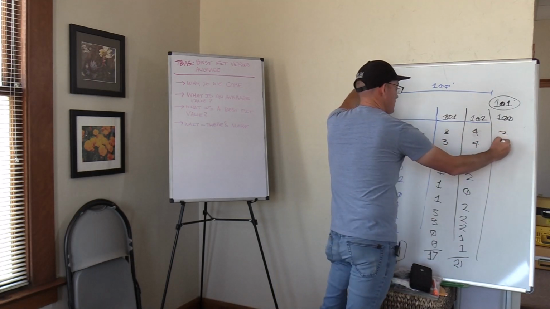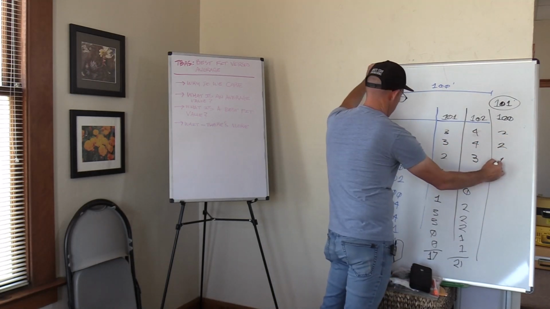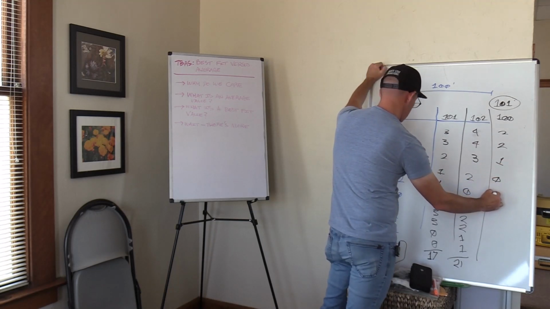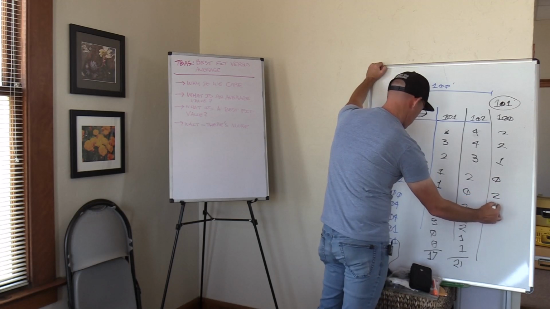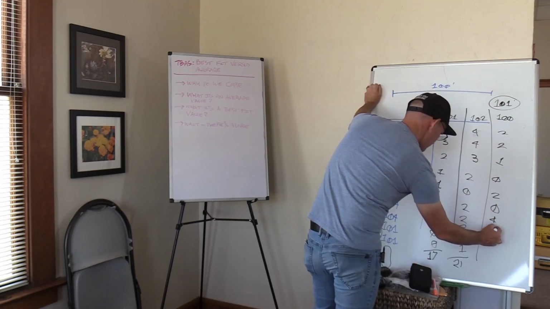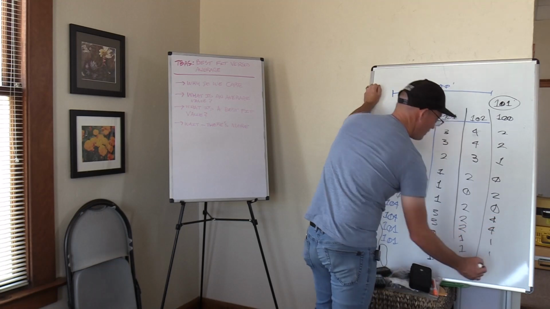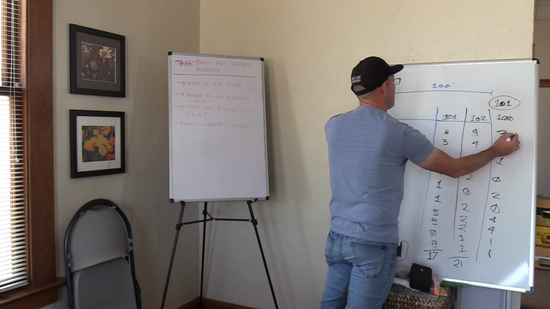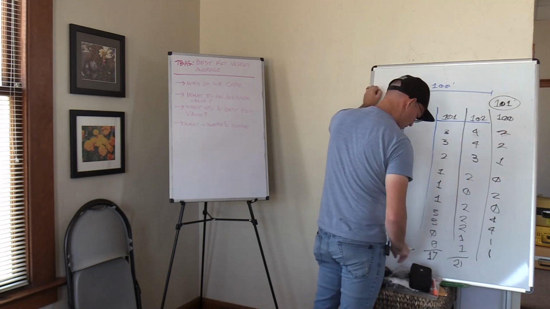We got 2, 2, 1, 0, 2, 0, 4, 4, 1, 1. Okay, so let's add those up. Oh, now it looks like a 3. Boy, I really messed that up.